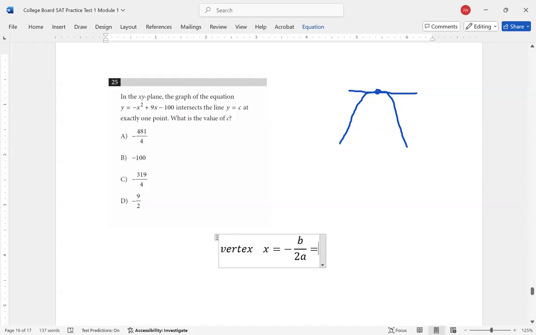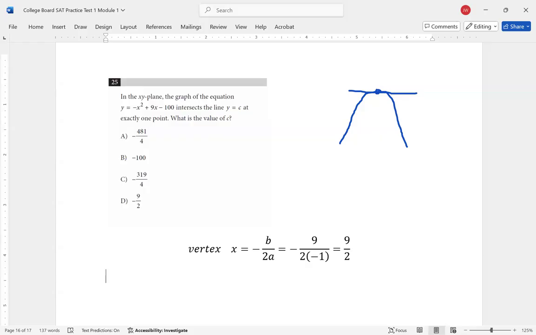So in this case, it's going to be the opposite of 9 divided by 2 times negative 1. So the vertex is going to have an x value of 9/2, or 4.5, whichever way you'd like to write that. I'll leave it as 9/2 for right now.